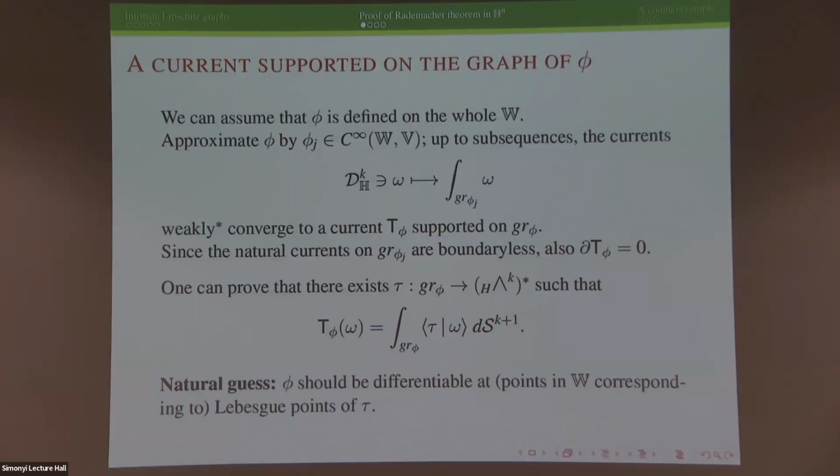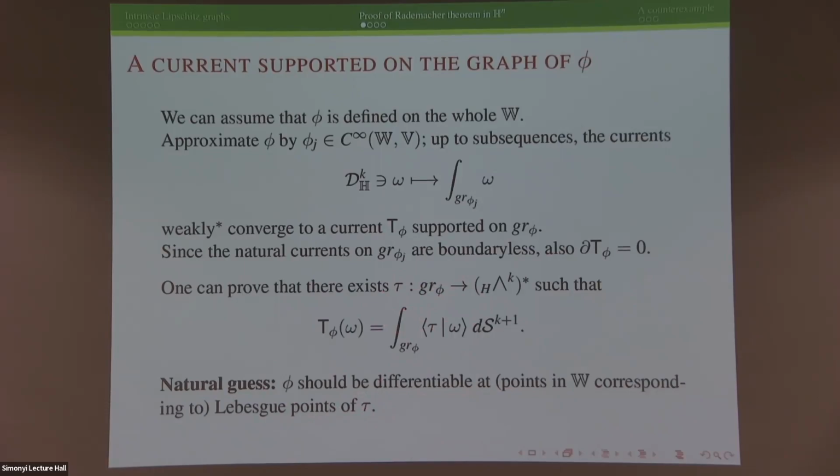Now, it's tempting to think that this guy, tau, encodes some information on the tangent. It's a multivector encoding some information on the tangent plane, some tangent information on the graph of phi. So if you believe in this principle, you might be led to guess that phi should be differentiable at those points which are Lebesgue points for this function tau, which is clearly measurable.